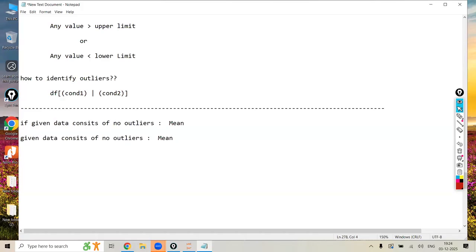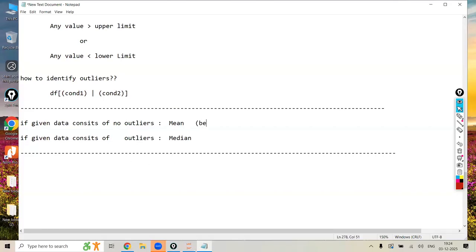If the given data consists of outliers, then median is the best measure. Mean is best when there are no outliers, and median is best when you have outliers. Clear, everyone? First you have to observe, and according to that you have to treat.